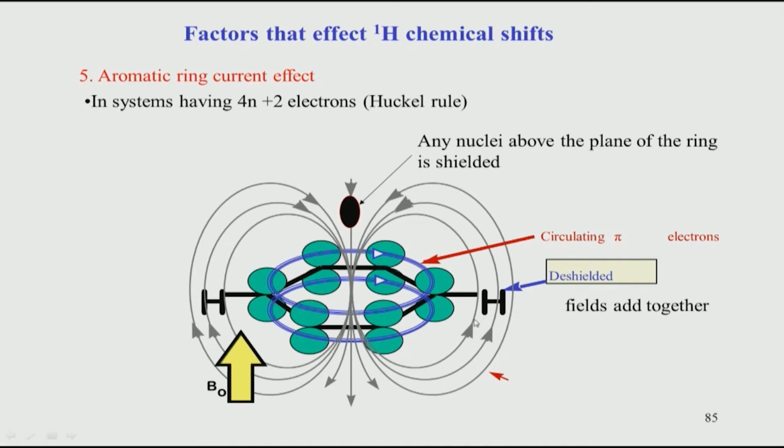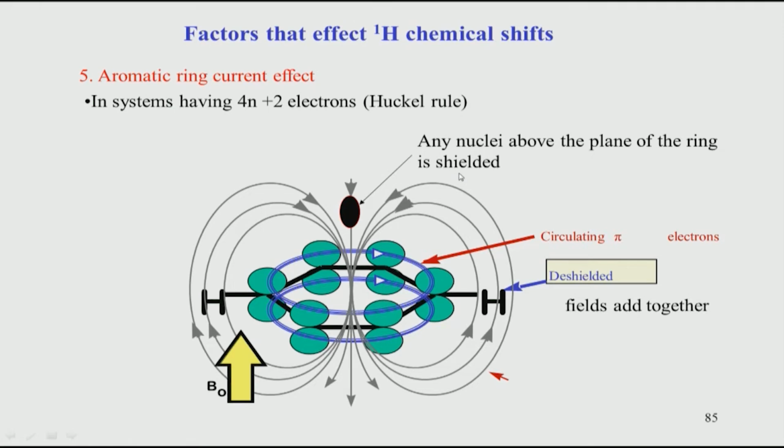If you now look at a hydrogen atom located at this position, the magnetic field lines are coming into the ring and are opposite to the main magnetic field shown in yellow. Because of the circulating electron density, the magnetic field around this hydrogen is opposed to the main magnetic field. Therefore, a hydrogen located here becomes shielded.